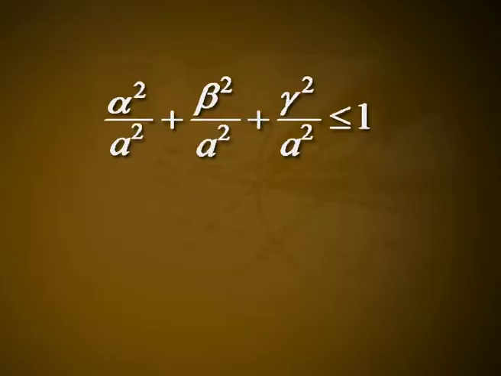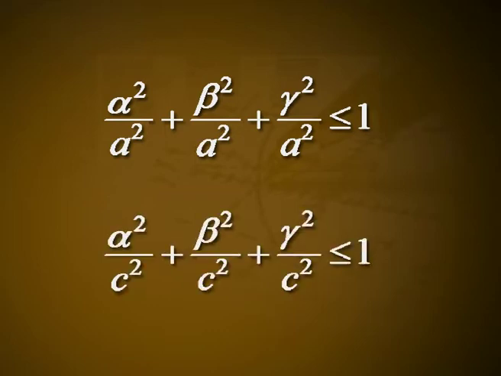Surface is closed. Let a, b, c in 2 be in the descending order of magnitude, that is a greater than b greater than c, so that alpha, beta, gamma being on this surface, we see that alpha square by a square plus beta square by a square plus gamma square by a square is less than or equal to 1, and alpha square by c square plus beta square by c square plus gamma square by c square is greater than or equal to 1.